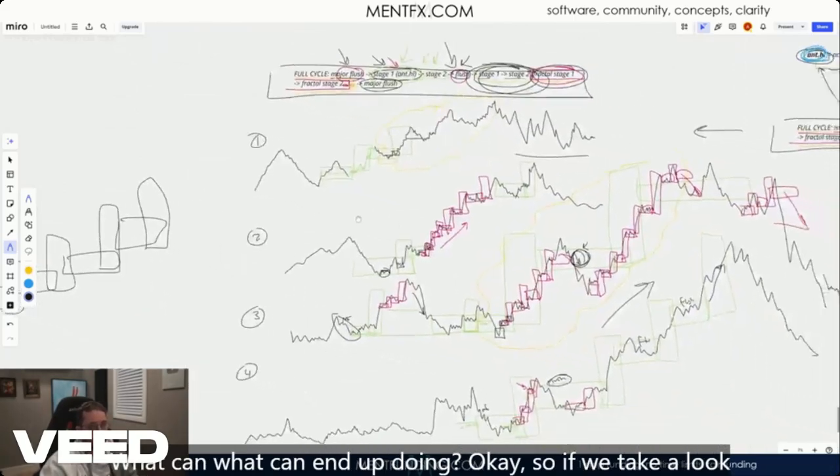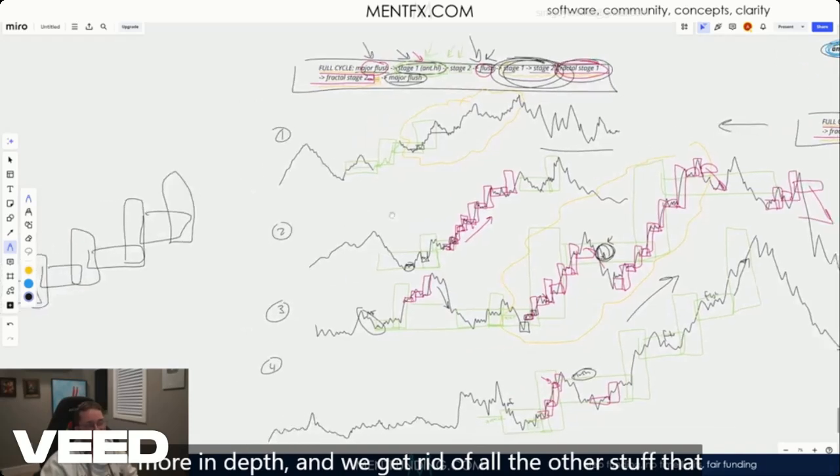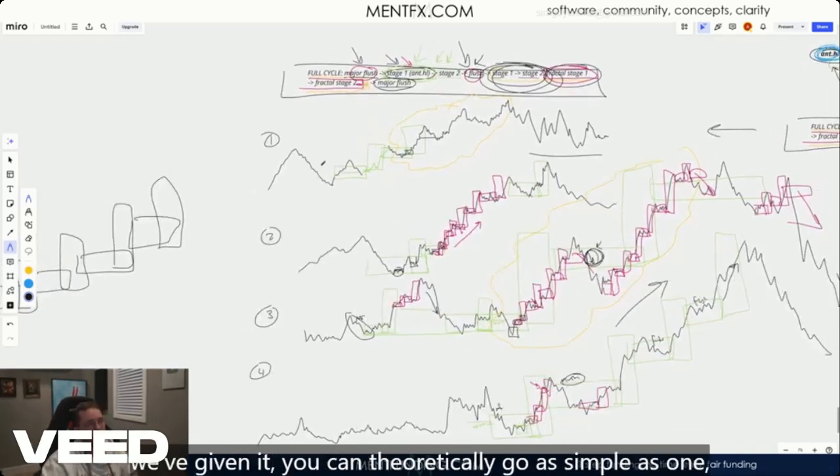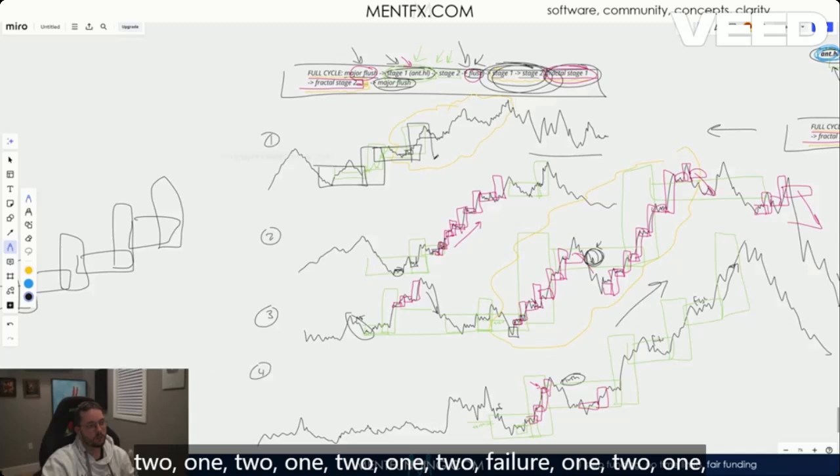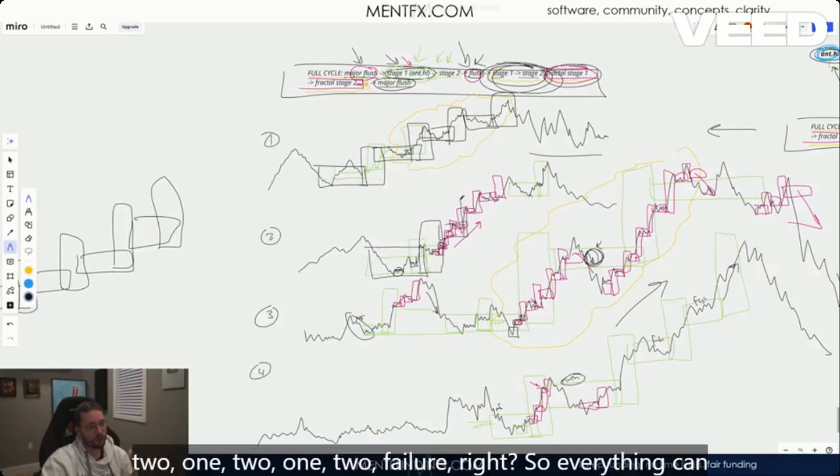if we take a look at any of these examples, if we get rid of all the other stuff that we've given it, you can theoretically go as simple as 1, 2, 1, 2, 1, 2, failure. 1, 2, 1, 2, 1, 2, 1, 2, failure.